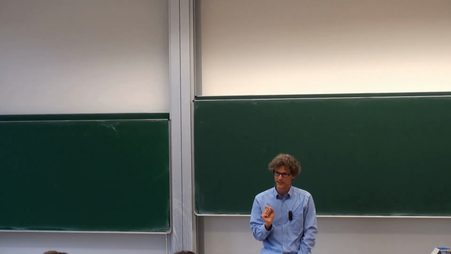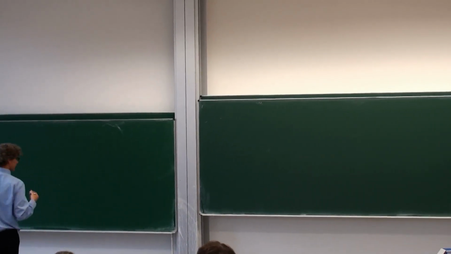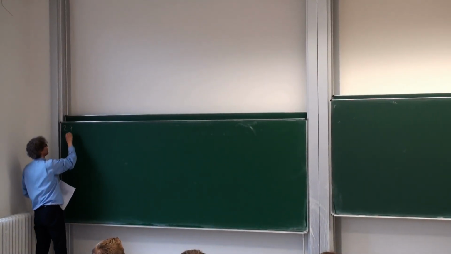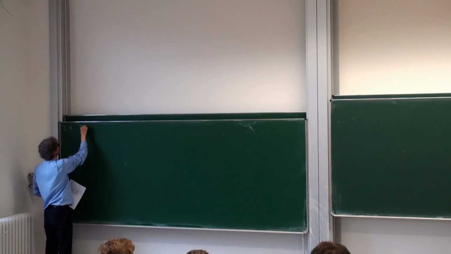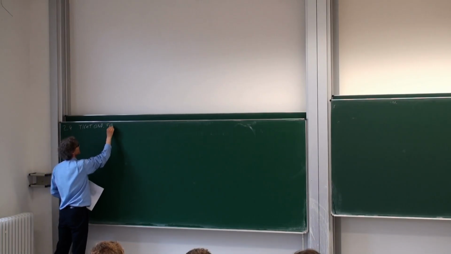And I want to base this analysis only on local information, that means on derivatives at this single point. And it turns out that this really gives us a tight criterion for convergence or not convergence, which is based mostly on the kappa. Tight conditions for local convergence.